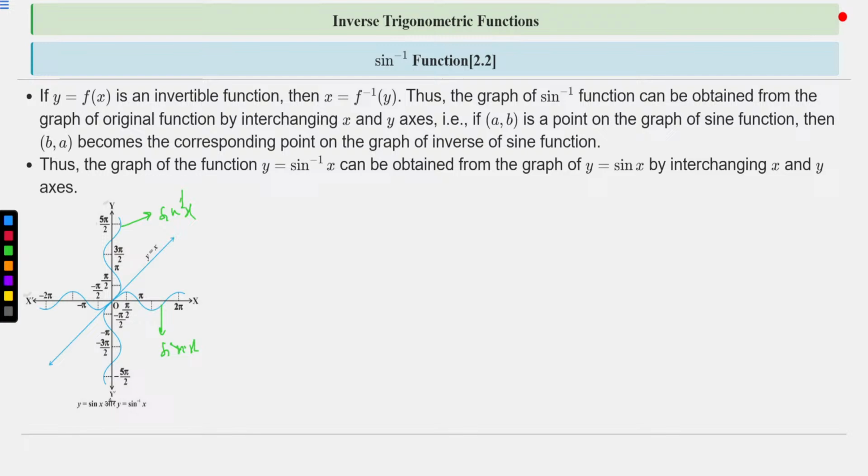What we did was just interchange the axes: the x axis becomes the y axis and the y axis becomes the x axis. So we can find the graph of sine inverse x by taking the mirror image of the graph of sine x with respect to the line y equal to x, because both are inverses of each other. Got it?